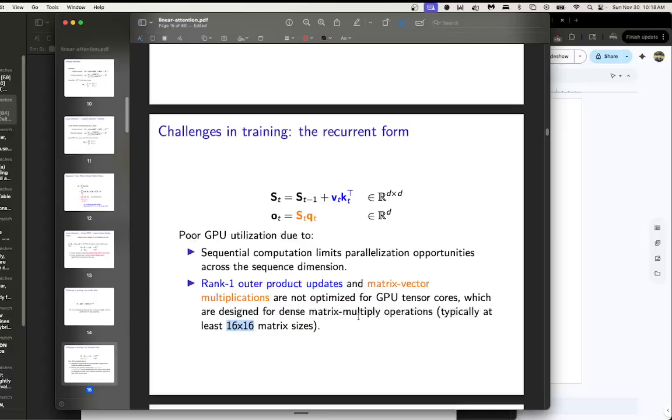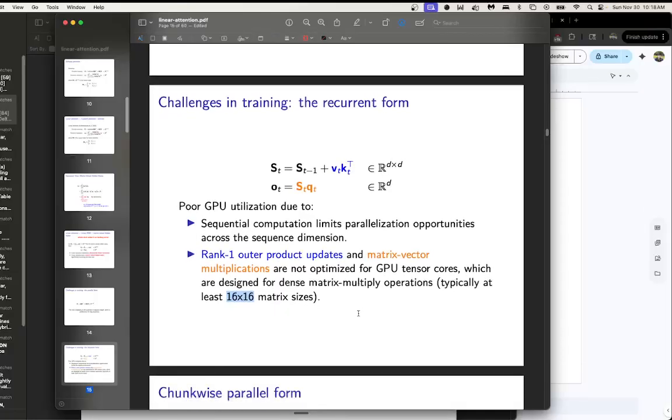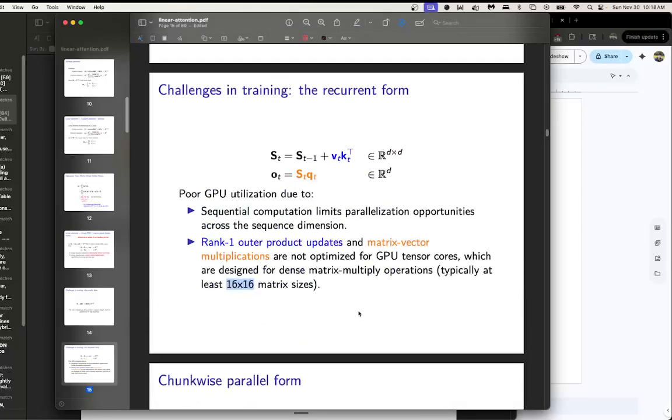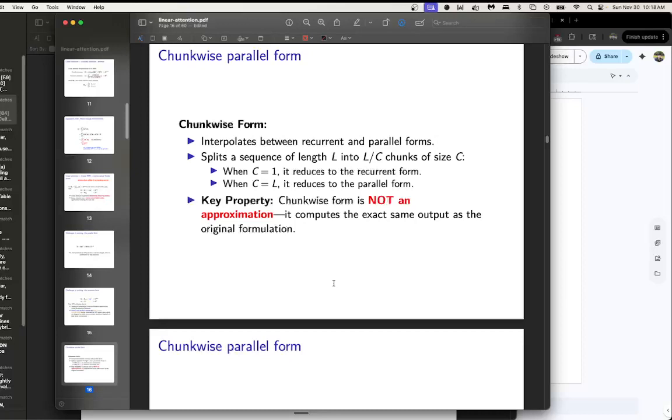So if you just have a vector, it's not going to be used. You lose tensor cores and fall back to CUDA cores, so our FLOPs throughput is significantly lower. The challenge here is how do we do this more efficiently in a way that utilizes tensor cores, and that's something we're going to look at later.